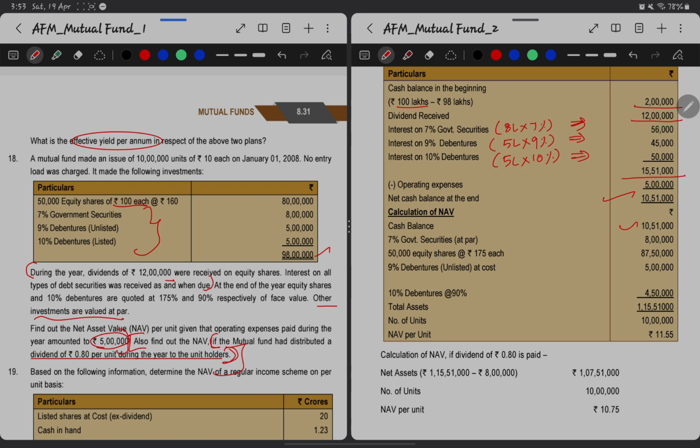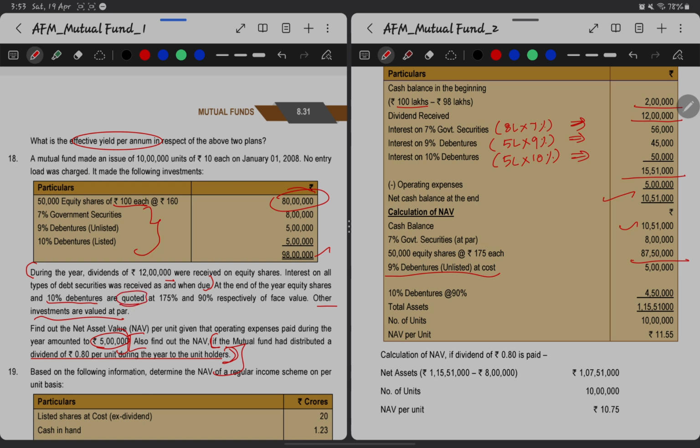50,000 units multiplied by 175 will give us 87 lakh 50,000. As we can see, there is an appreciation from 80 lakh to 87 lakh 50,000, and 9 percentage debentures unlisted at cost only we have to take. Because here they have given equity shares are quoted at 175, and 10% debentures are quoted at 90 percentage.